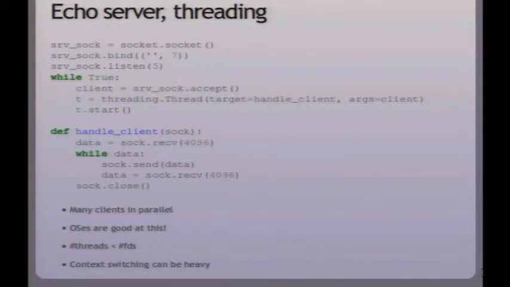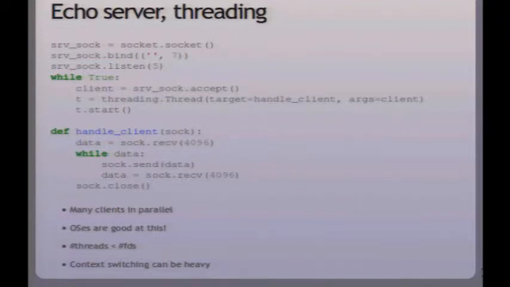So if this solves your problem, then that's a good thing to stay with. But for those that went to the talk this morning, they will know that this starts to break down when you have to handle a lot more clients than just a couple of hundred. There is a certain overhead associated with threads, both in memory as well as in time to switch from one thread to another.